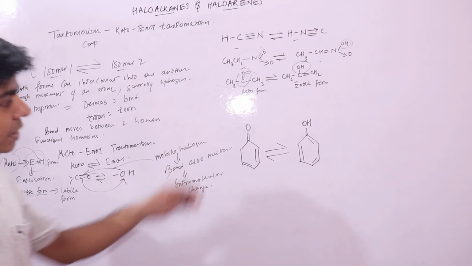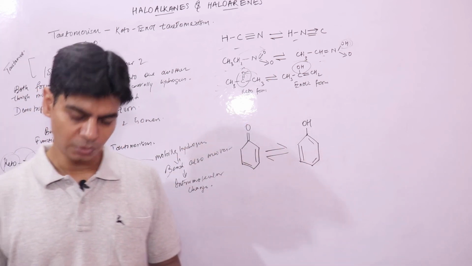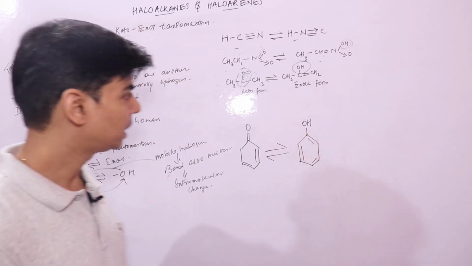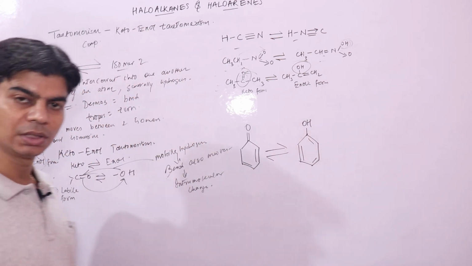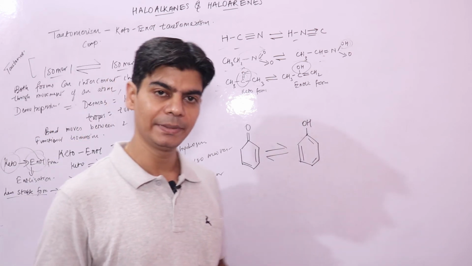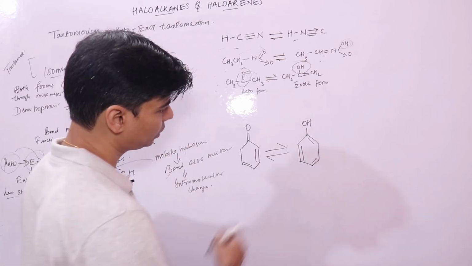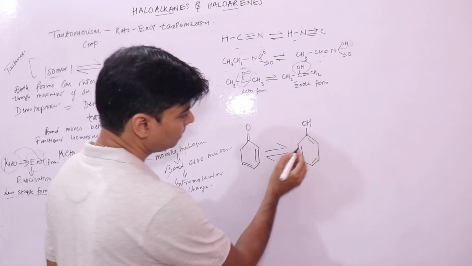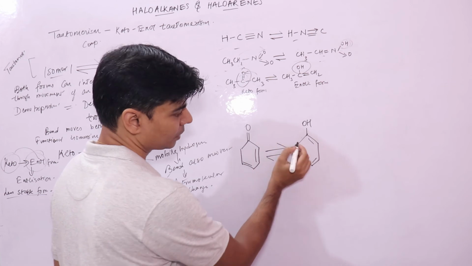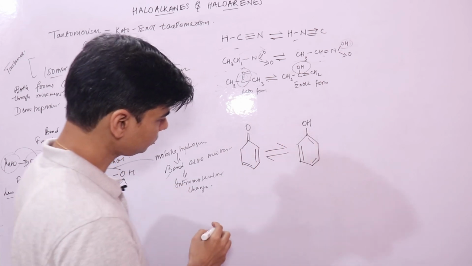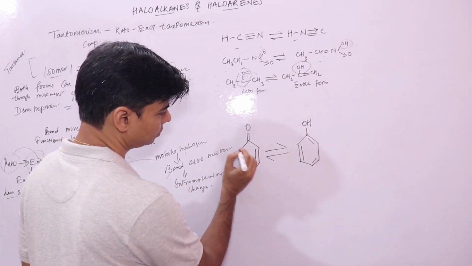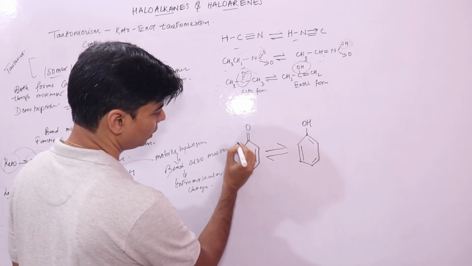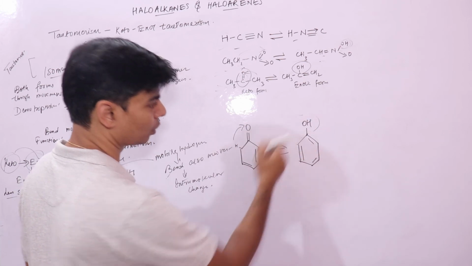So mostly in keto-enol tautomerism, the keto form is more stable than the enol form, but in some cases the keto form is less stable than the enol form. For example, take phenol. Here you have a CH. When this H moves to the oxygen, it will change into phenol.